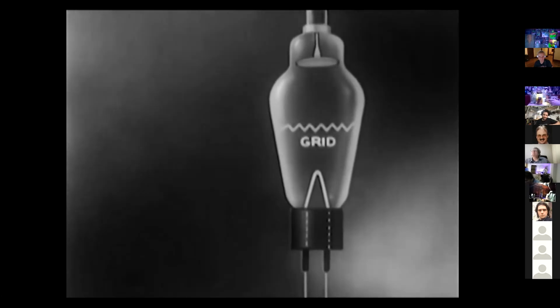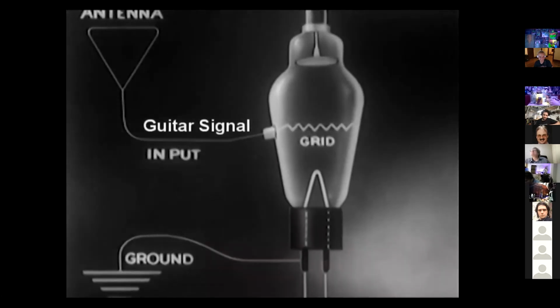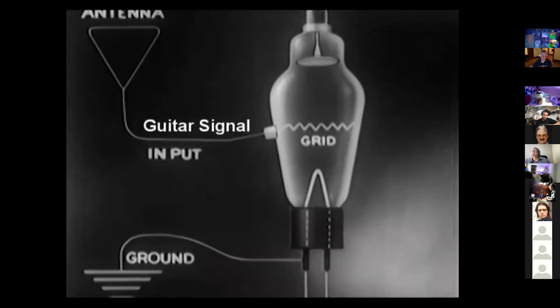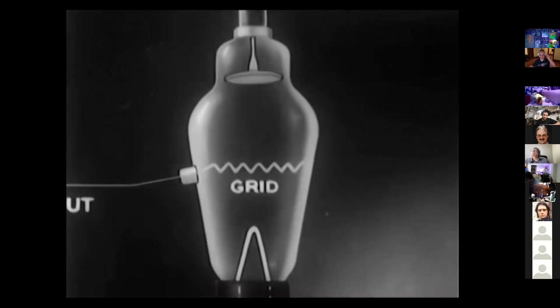Between the cathode and the anode of the two-element tube, we now place a grid. To this grid, we connect an input of some weak voltage which we wish to amplify, perhaps that of a faint radio signal from halfway around the world. Now let's see what happens.